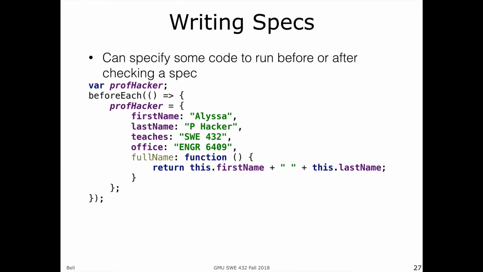Remember again that this is just syntactic sugar for saying function, just a shorter way of saying that. And we've defined then that before each test runs, we'd like it to reinitialize this prof hacker variable.